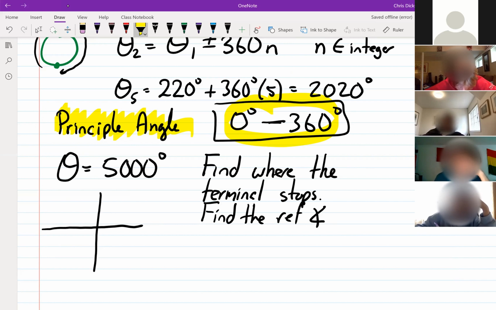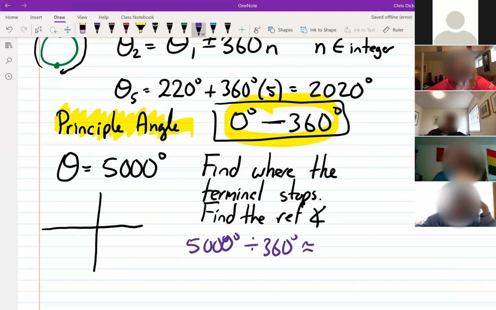If I do that, it's not going to go in evenly. If I take 5,000 and divide it by 360 degrees, I'm getting about 13.89-ish. So that tells me that's just under 14 turns. If I went around the wheel 14 times, I'd be pretty close to that place.